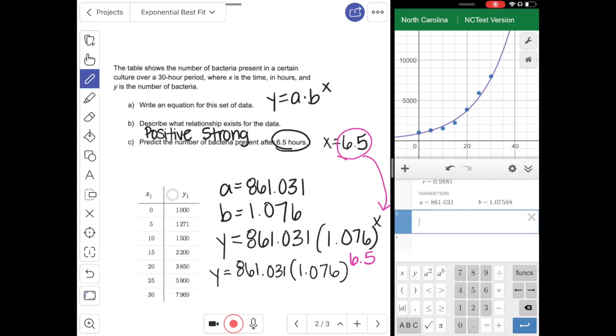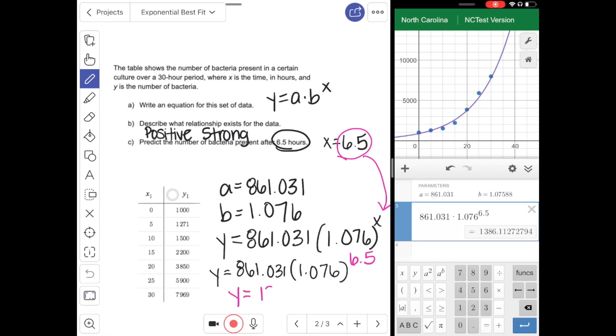Now, I can put that right into Desmos. And I'm going to raise that to 6.5, and I get that my bacteria is approximately 1,386, we'll say 11, and that's going to be bacteria.